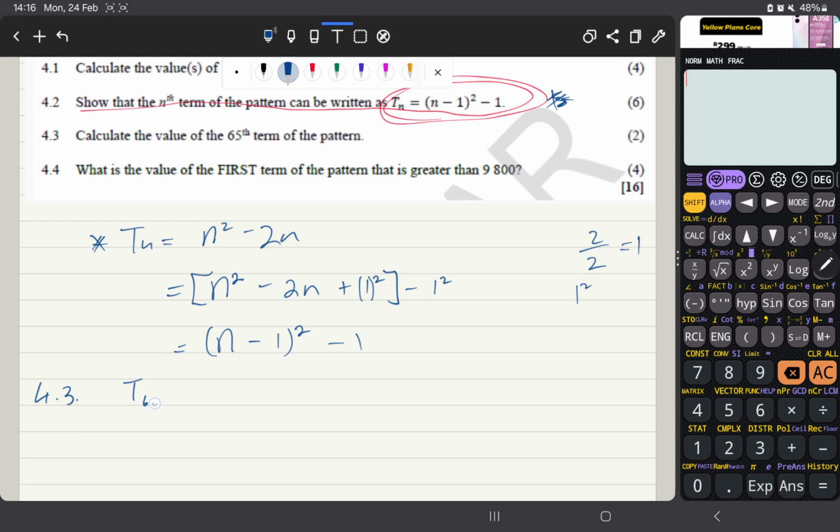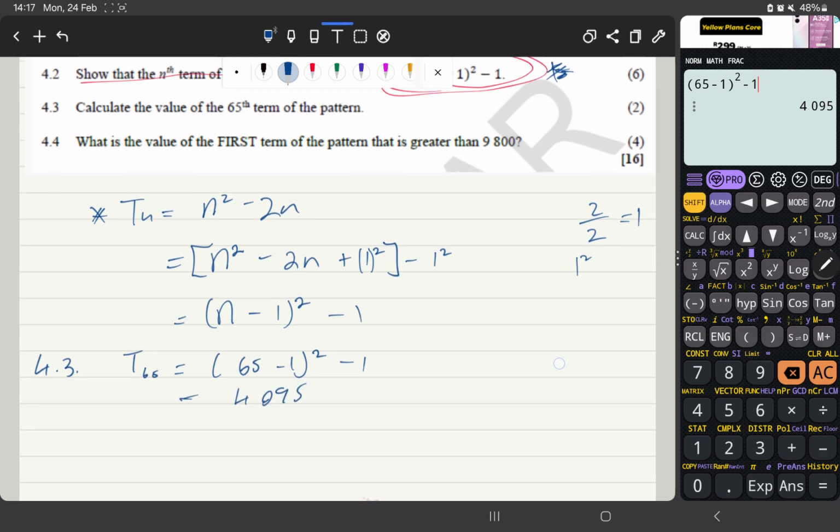We're basically calculating T65, which is just here where we see n, that's 65 minus 1 squared minus 1. Put that in a calculator. 65 minus 1 squared minus 1, that's 4095.